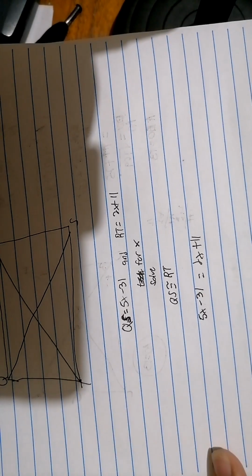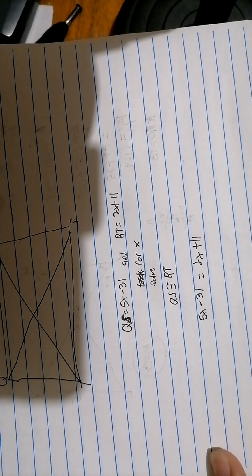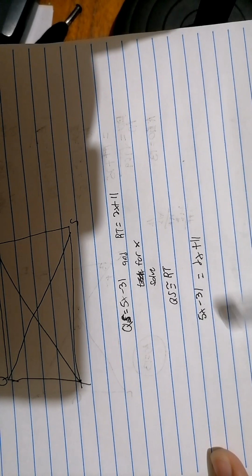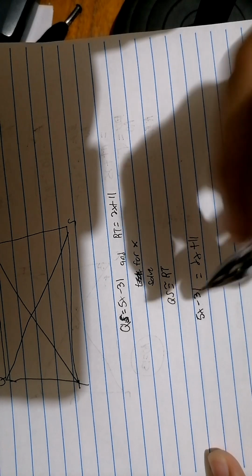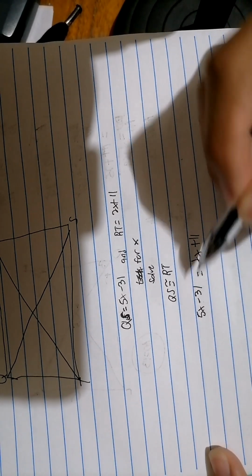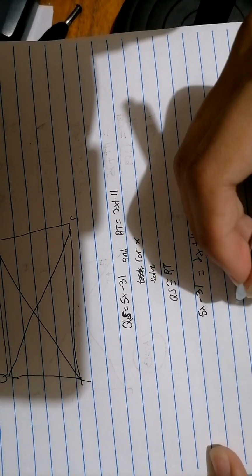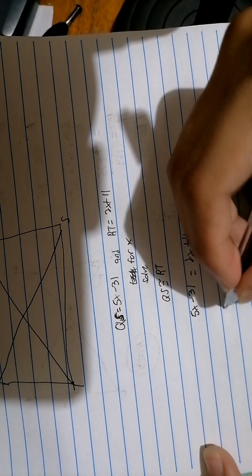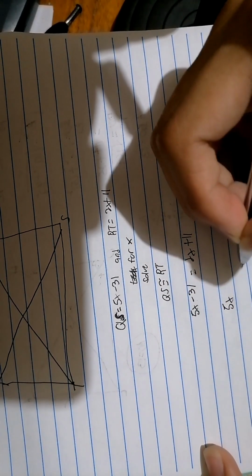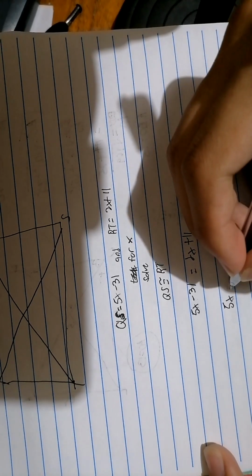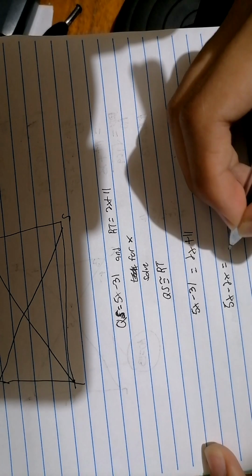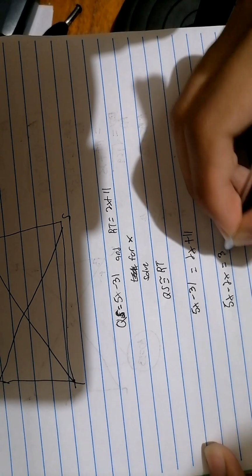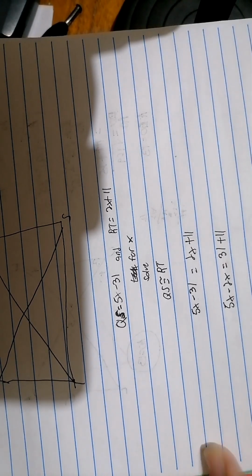And then after that, we group similar numbers. When grouping, we will either change or switch signs. 5x minus 2x equals 31 plus 11.